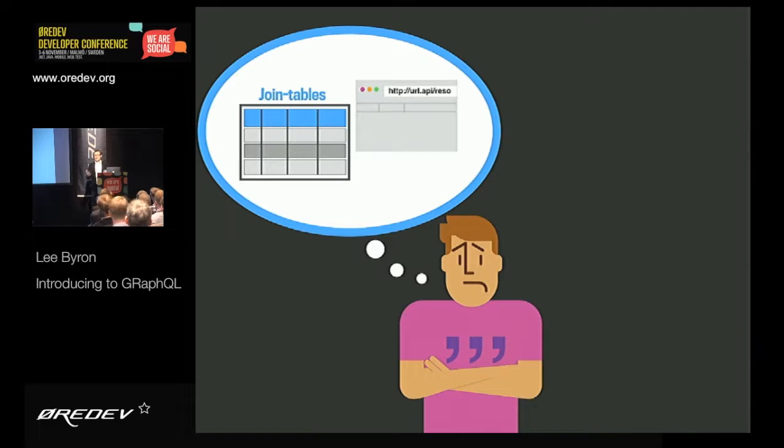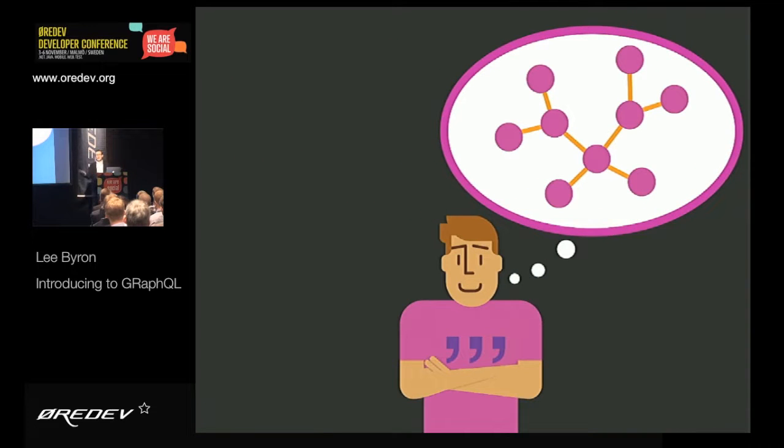We don't want to think about our data as join queries or secondary indices. These are principles that are important for the efficient storage and retrieval of data, but as a client developer, I couldn't care less. What I want to think about is the network of data, the graph, the relationships between all of the pieces of information that I am capable of eventually accessing.